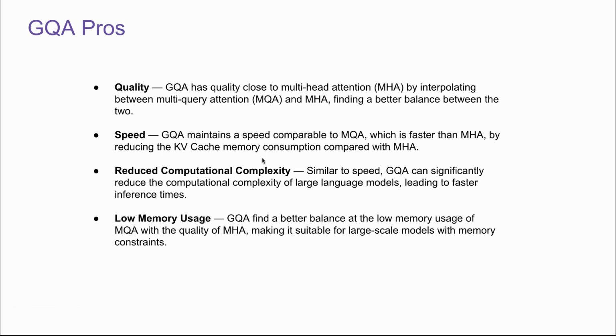If you reduce the KV cache memory, it also reduces the computational complexity, since there will be fewer matrix multiplications. And it also has lower memory usage. So it's more suitable for large scale models with memory constraints, which is what DeepSeek does.